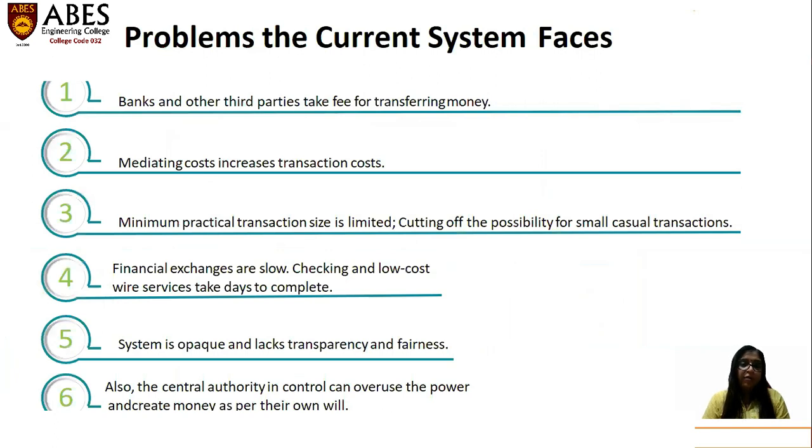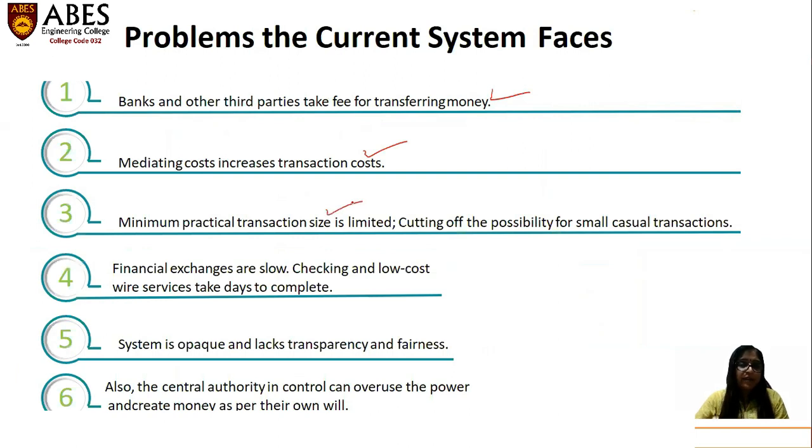So there are a number of problems with the current systems. Banks and other third parties take a fee for transferring money, and mediating costs increase transaction costs. The minimum practical transaction size is limited.